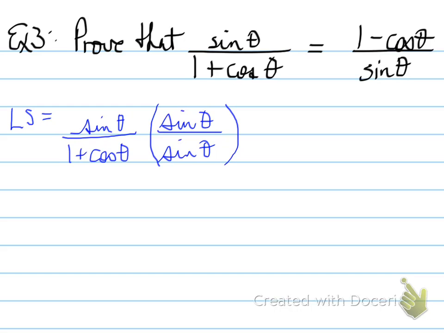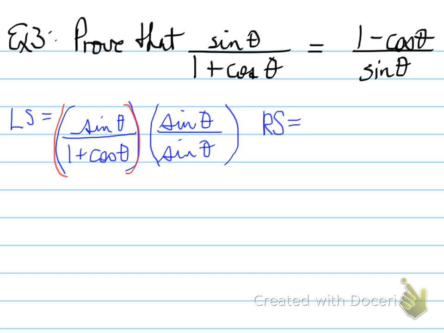But we don't want to cancel, because we'd get back the original question. What we want to do is multiply across. So we're going to take sine theta times sine theta, and on the bottom, we're going to take 1 plus cos theta times sine theta. Now, what we can do is multiply the right side by the same kind of magic 1.